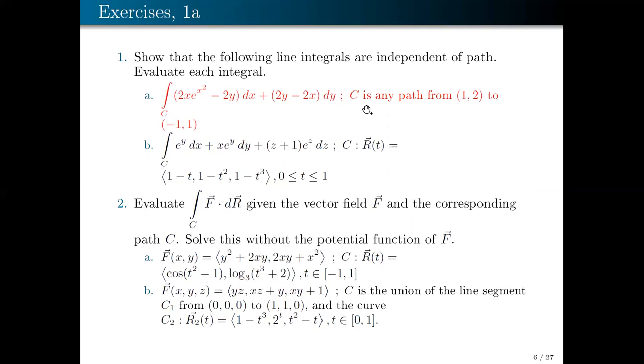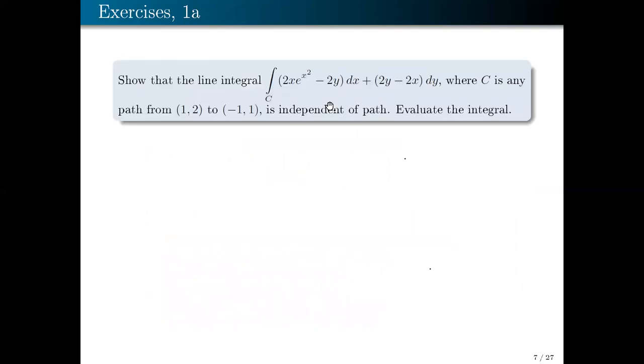Here, C is just any path, so maybe it hints at some independence of path, no? All right, which, according to the 3 statements earlier, would hint at a conservative vector field being involved here. So let's set up that vector field first by writing the 2 components P, Q of this vector valued function f.